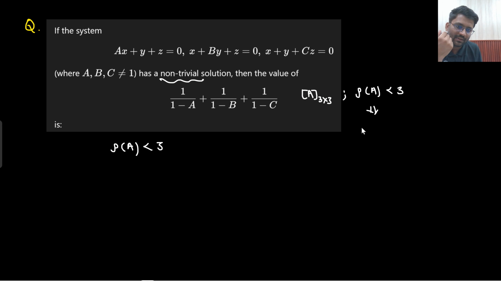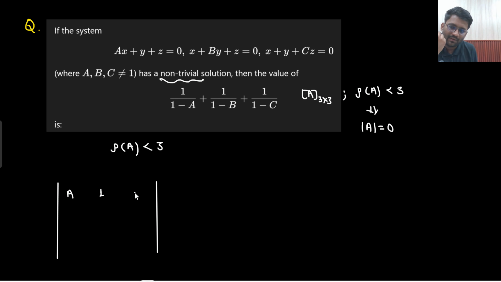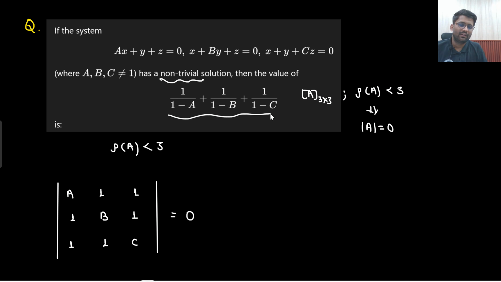So our target is making this determinant equal to 0: the matrix with rows a 1 1, 1 b 1, 1 1 c should be equated to 0. You need to find out the value of this. And a, b, c cannot be equal to 1.